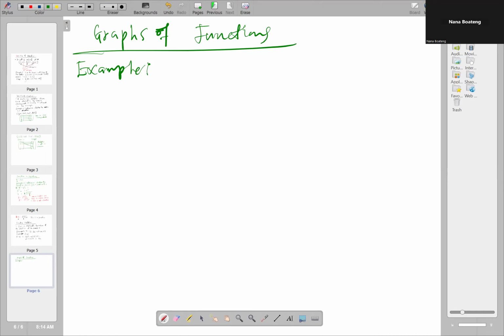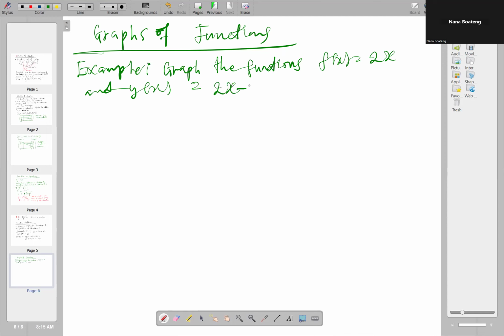It says graph the functions f of x is equal to 2x and g of x equals 2x minus 3 in the same rectangular coordinate system.